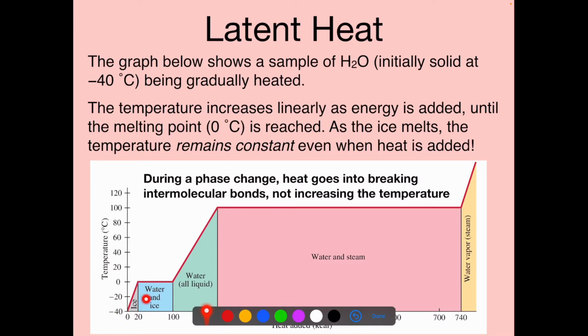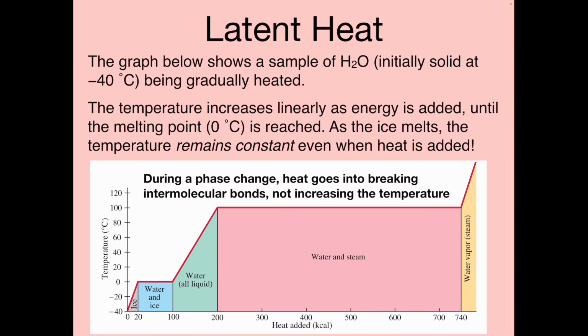There's a linear relationship between the temperature and the heat added to the ice, and that trend continues all the way up until we reach 0 degrees Celsius, the melting point of the ice.